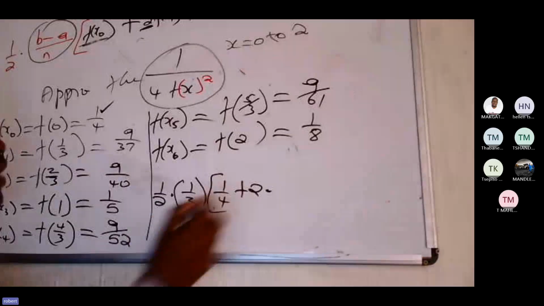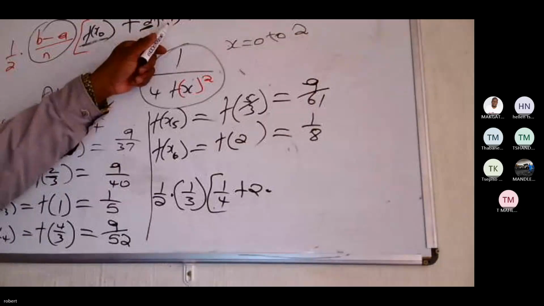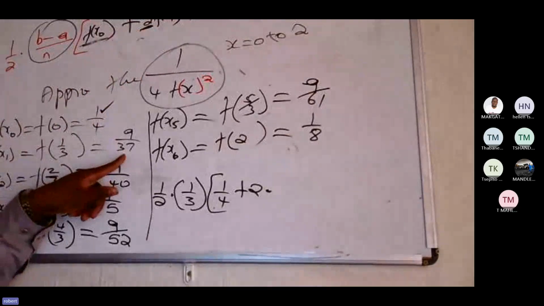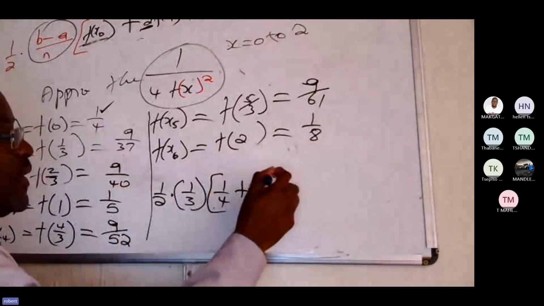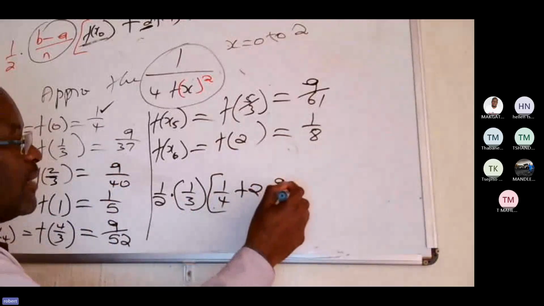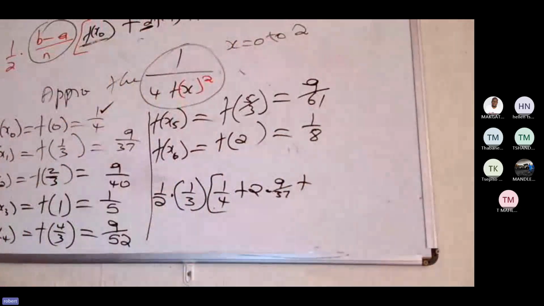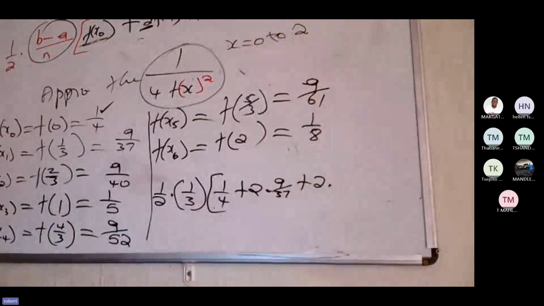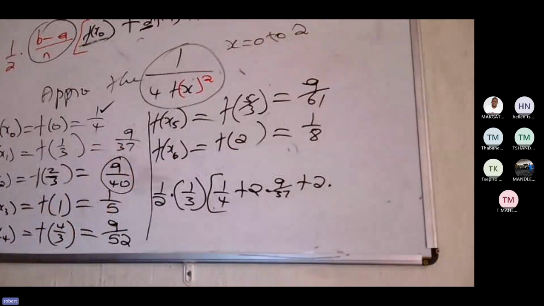2 multiplied by f of x1. And what is f of x1? 9 over 37. Therefore, here it will be 9 over 37 plus 2 by f of x2. What is f of x2? 9 over 40.